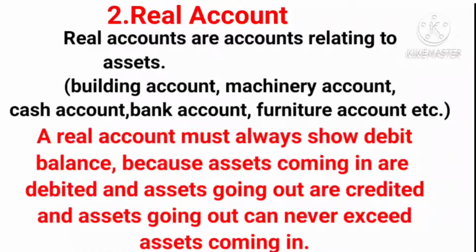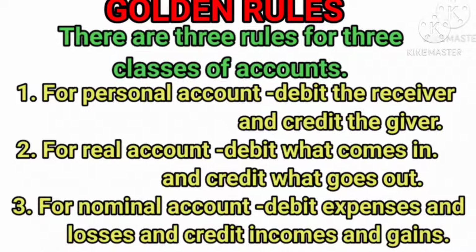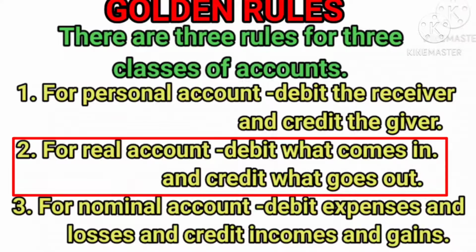cash is an asset and real account. So, as per golden rule, in case of real account, debit what comes in and credit what goes out. Cash is coming here, so cash is debit. And credit capital account, as it is a personal account, gives it.